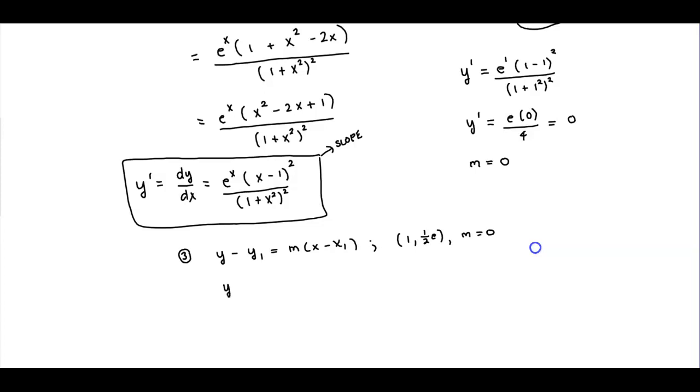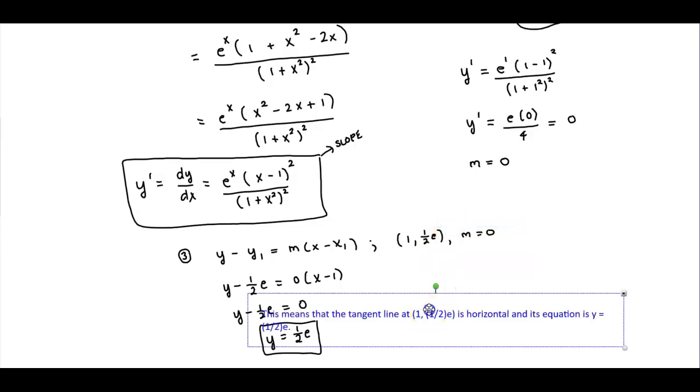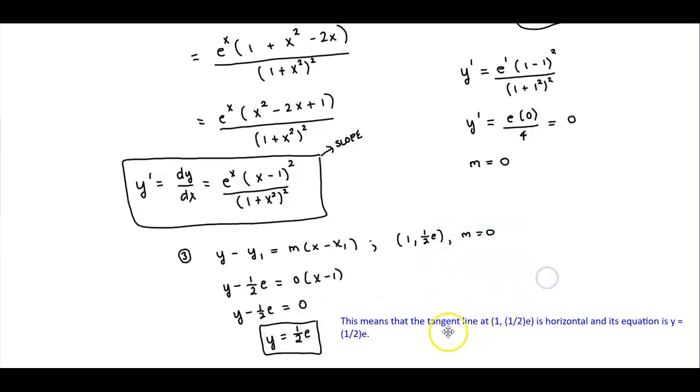So we have y minus 1/2 e, which is equal to 0 times x minus 1. Well, that means we get y minus 1/2 e, which is equal to 0. And therefore, y is going to equal 1/2 e. So what this means is that the tangent line at the point 1, 1/2 e is horizontal, and its equation is y is equal to 1/2 e.